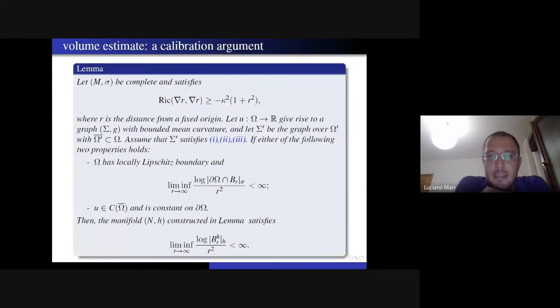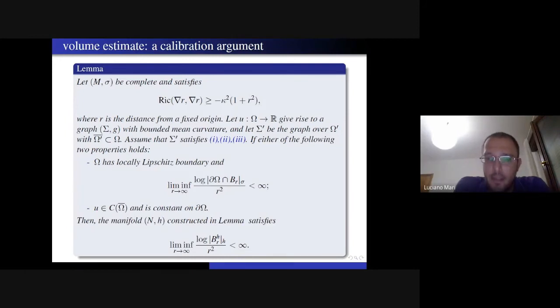So the second lemma is: take a complete manifold whose Ricci curvature decays not faster than a given rate at infinity. A very mild assumption, it can be weakened also. You take a graph with bounded mean curvature, not necessarily constant, and you take the subgraph over a subdomain of the kind we want.